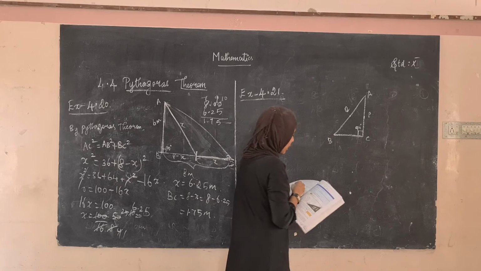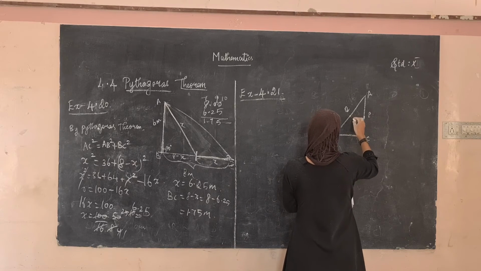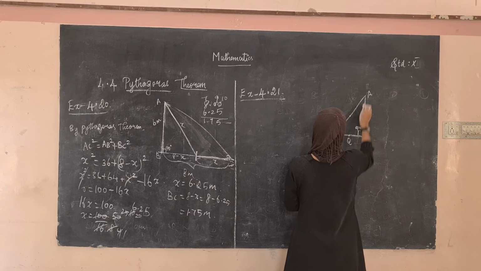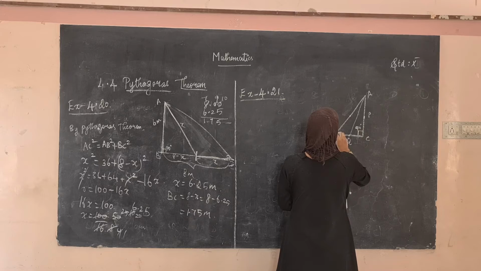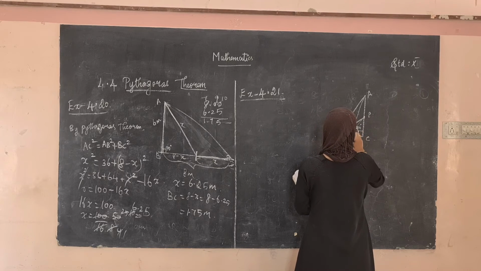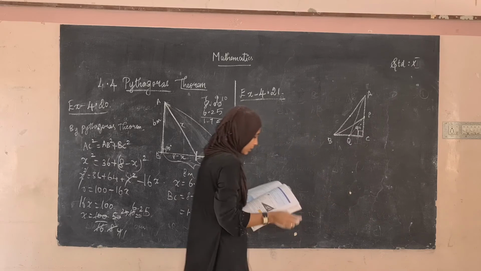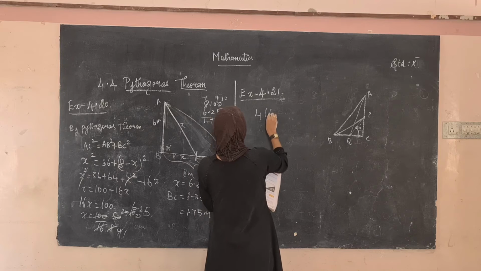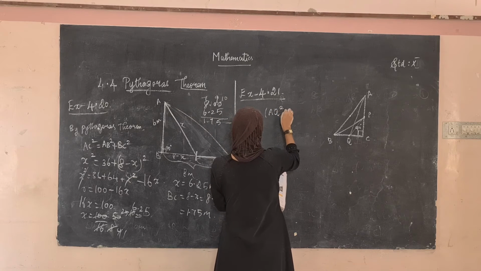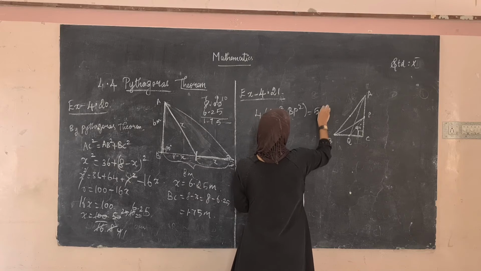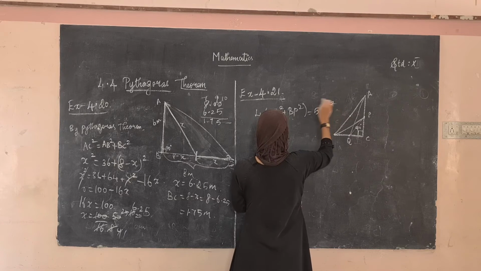Okay, so what they have drawn is, see here, QC. What they have asked us to prove is 4 into (AQ squared plus BP squared) is equal to 5 into AB squared.